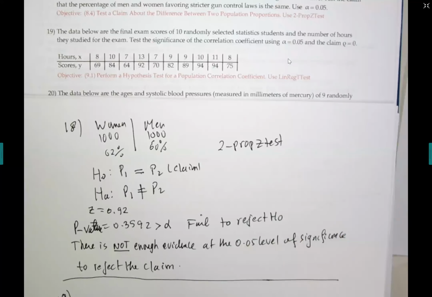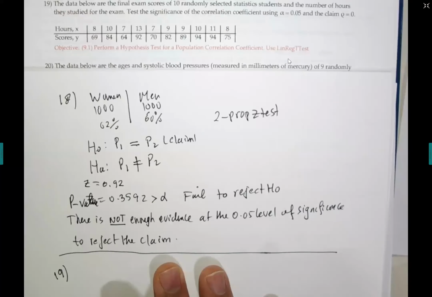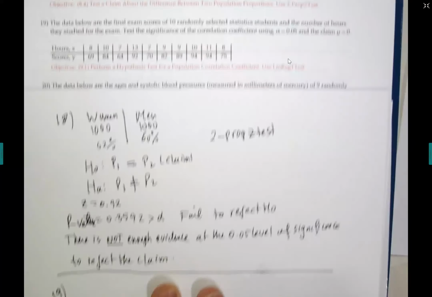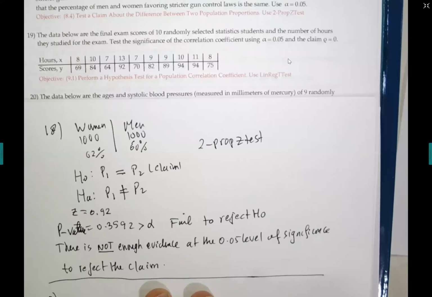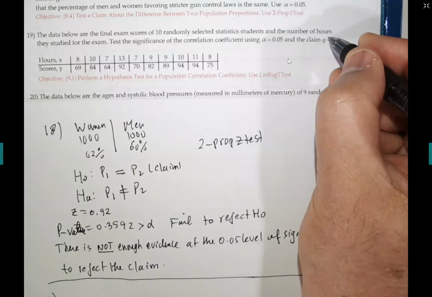The data below are the final exam scores of 10 randomly selected statistics students and the number of hours they study for the exam. Test the significance of the correlation coefficient using alpha equals 0.05. In the claim, I would like you to change this one. I think that's rho greater than 0.